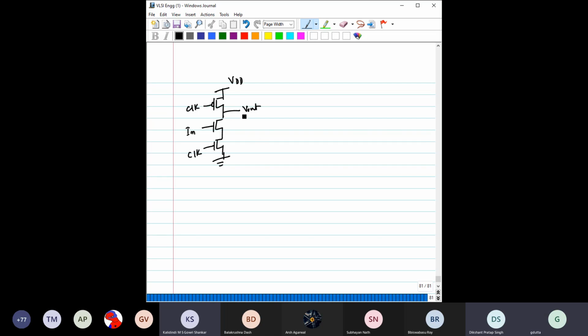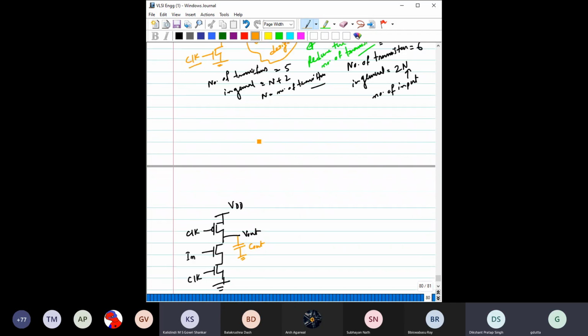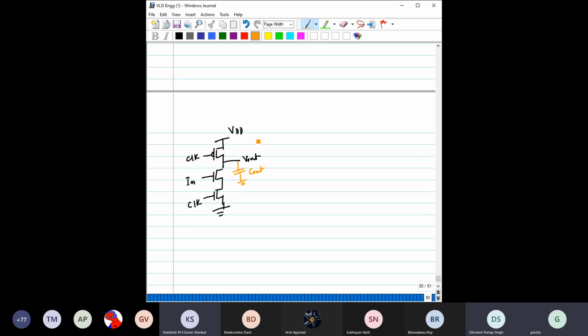This output may be driving another gate, so the load capacitance C load is connected with this V out. So as per our design, this circuit should act as a dynamic inverter.